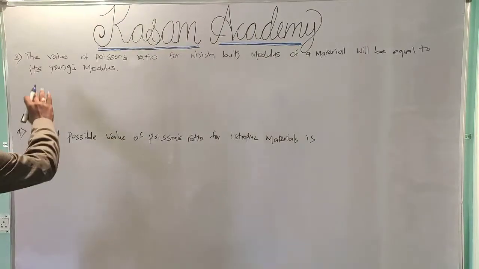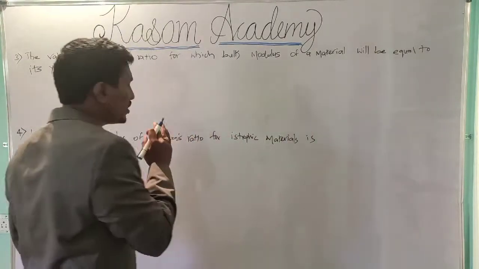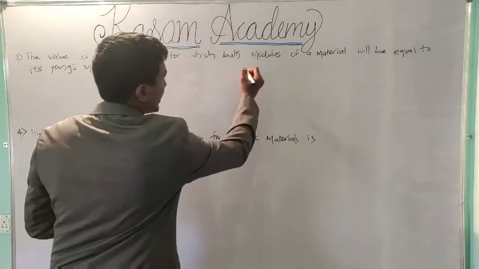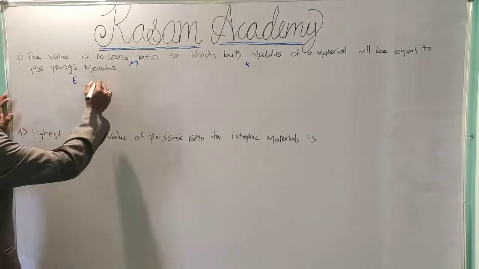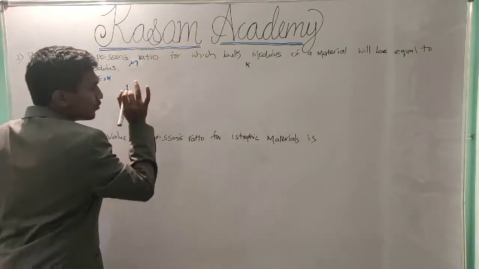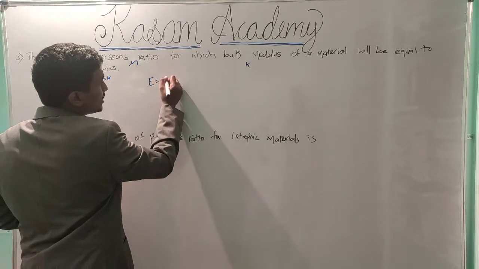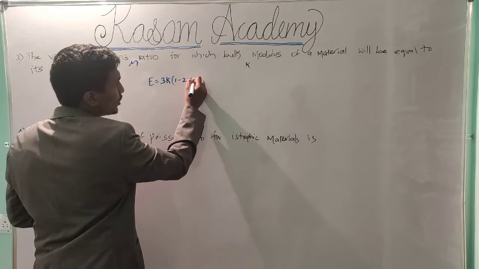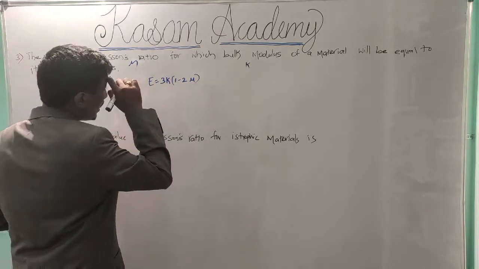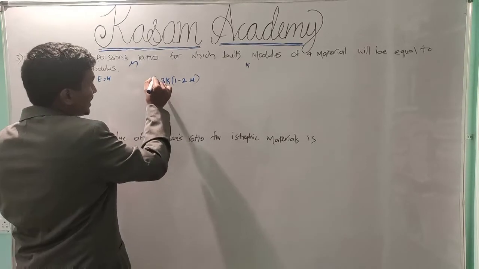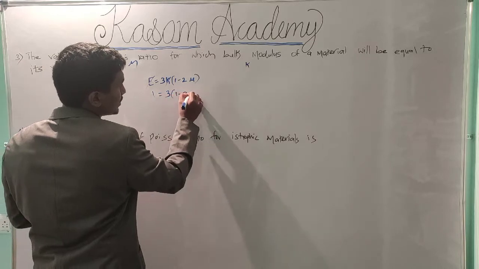The next question: the value of Poisson's ratio for which the bulk modulus of a material will be equal to its Young's modulus. Bulk modulus K, Young's modulus E, Poisson's ratio mu. Here E equals K is given. From the previous class, we know the formula E equals 3K into (1 minus 2 mu). Here E and K are both equal, so by cancelling, 1 equals 3 into (1 minus 2 mu).